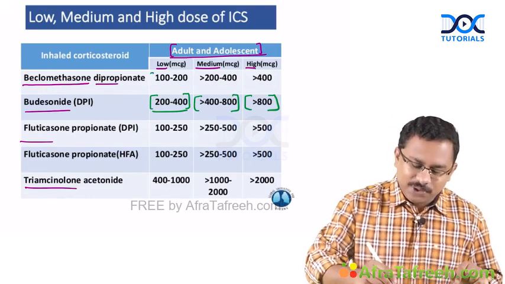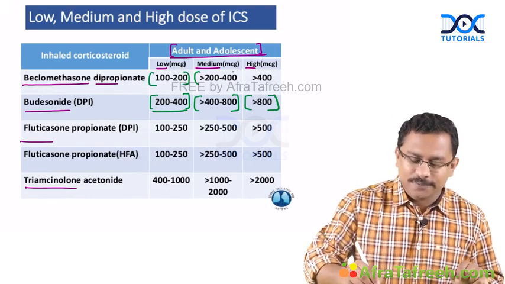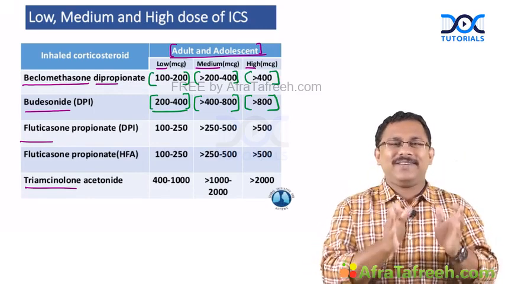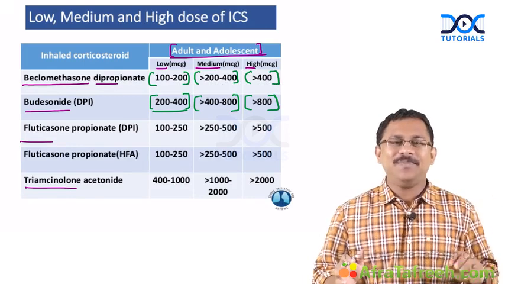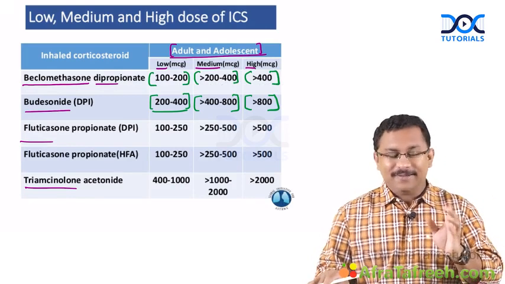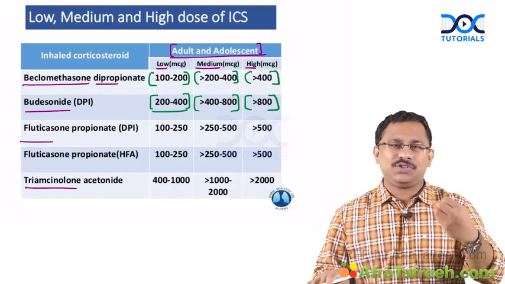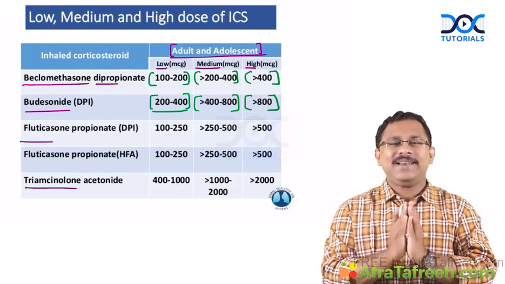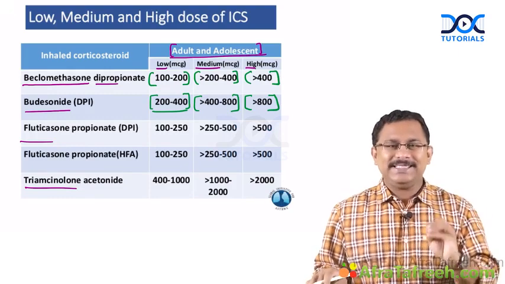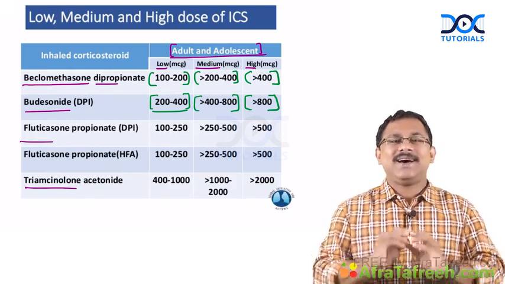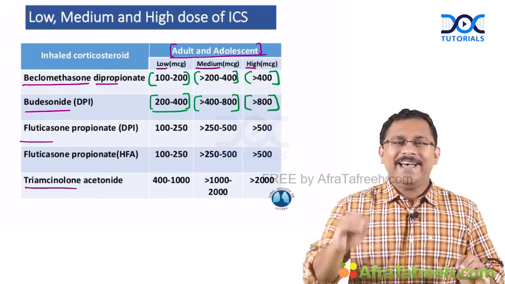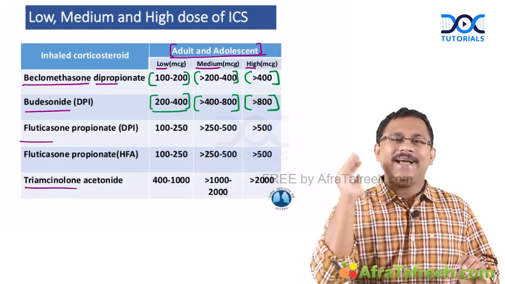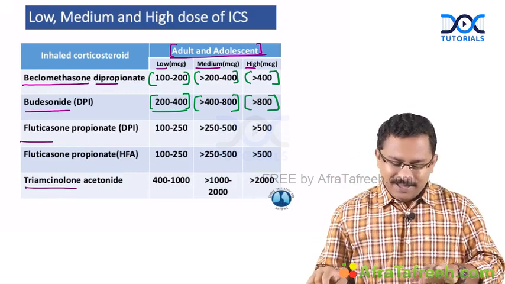Similarly, for beclomethasone, 100 to 200, 200 to 400 and more than 400. So you have different formulations available. And remember, for individual agents, the low, medium and high dose strengths also differ. But what is the point that we learnt now? For ICS, inhaled corticosteroids, there are different options available, and within each option you have the low dose, medium dose and high dose.